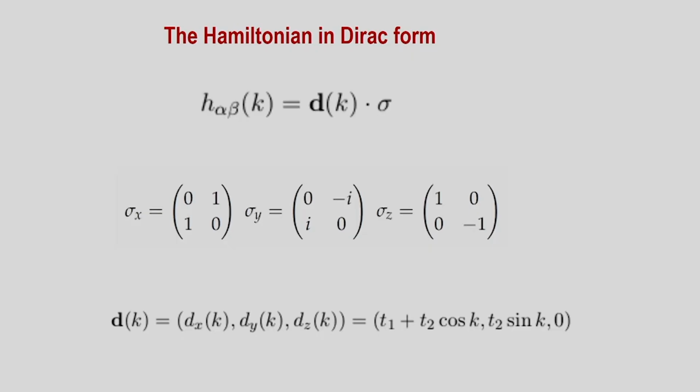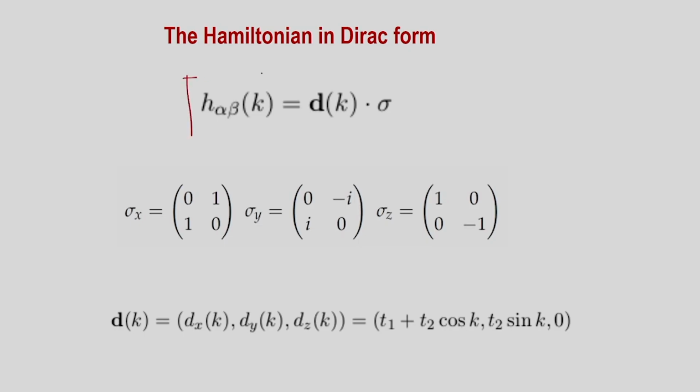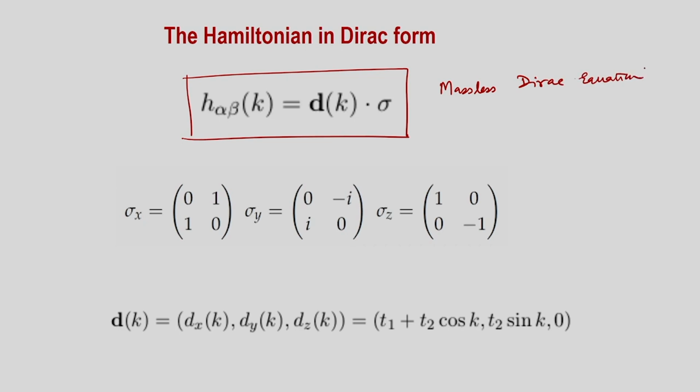And very interestingly, this Hamiltonian that we have written here, let us call it equation 4, and 5 combined, you can see that we can write down the Hamiltonian in terms of what is called the massless Dirac equation. It is called a massless Dirac equation because usually the Dirac equation is written as H equal to alpha sigma dot p plus beta m naught c square. That's the form of the Dirac Hamiltonian.